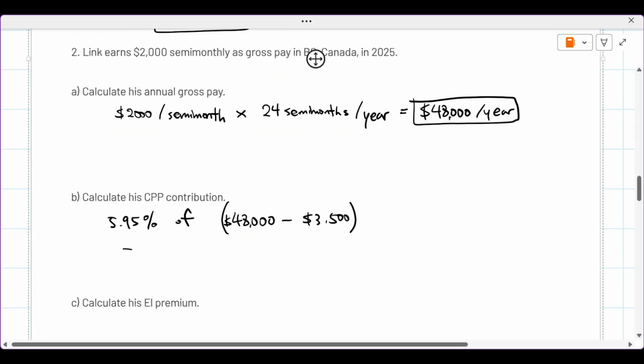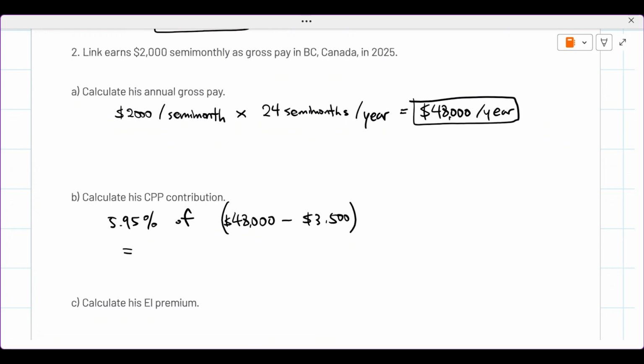Let's calculate that: 48000 minus 3500, times 0.0595, and it's $2,647.75.